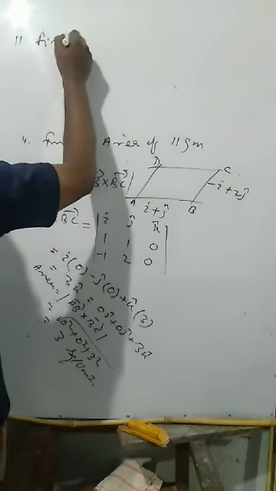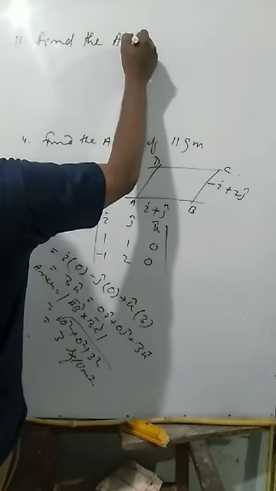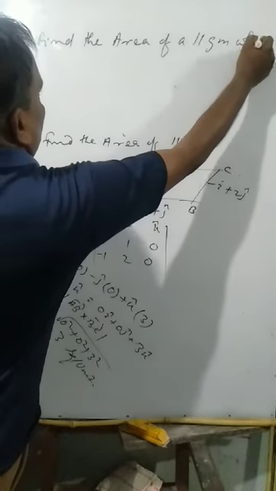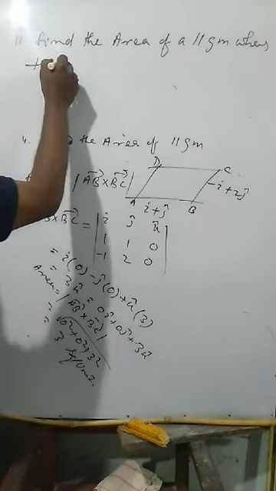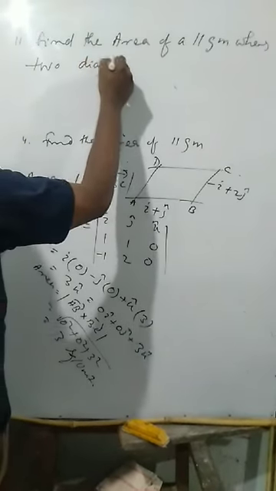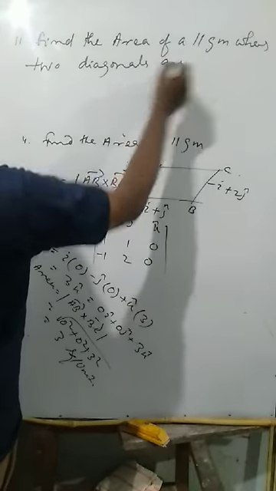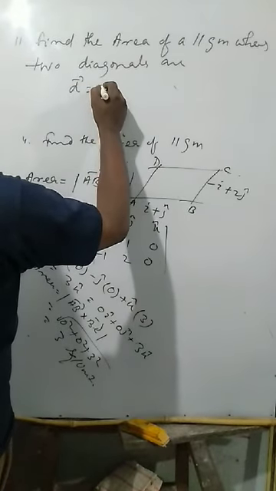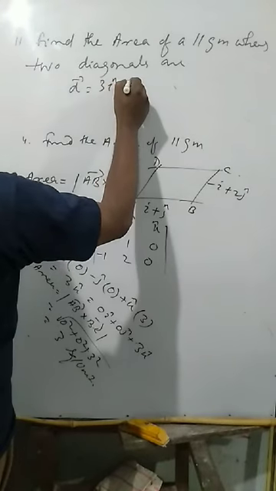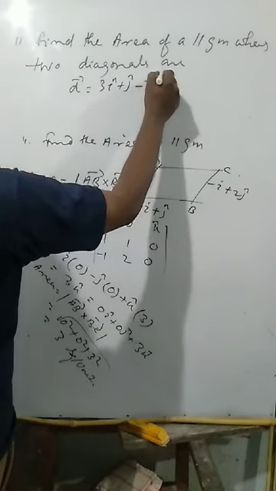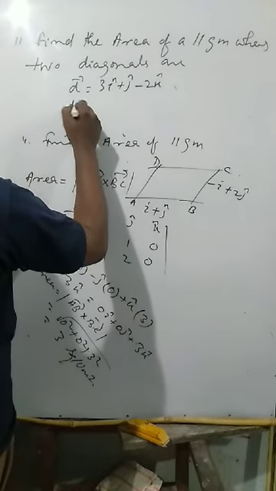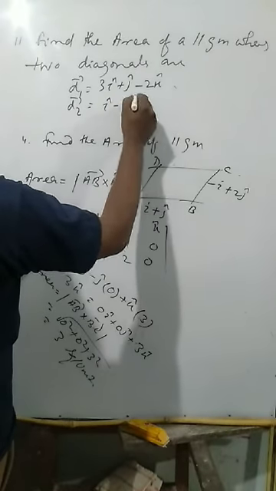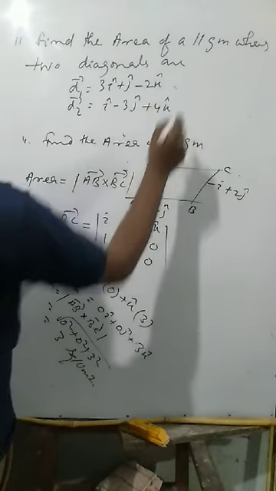Find the area of a parallelogram whose two diagonals are d1 vector equal to 3i cap plus j cap minus 2k cap and d2 vector equal to I cap minus 3j cap plus 4k cap.